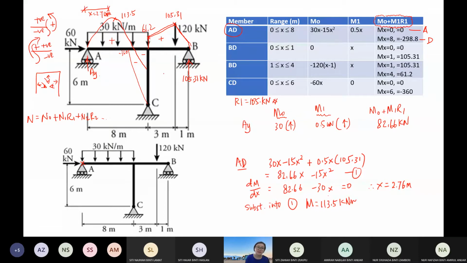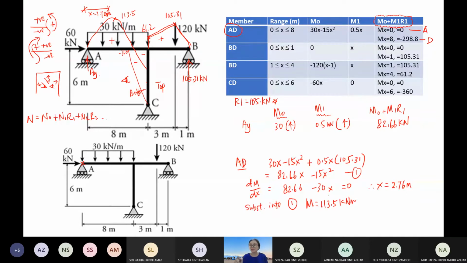So now in this case, I'm drawing based on putting my eyes here, meaning that this is the top part of my member, and this is the bottom or down side of my member. So at the top upper side I put positive, and at the bottom, or down below the member, I draw the moment in negative magnitude.